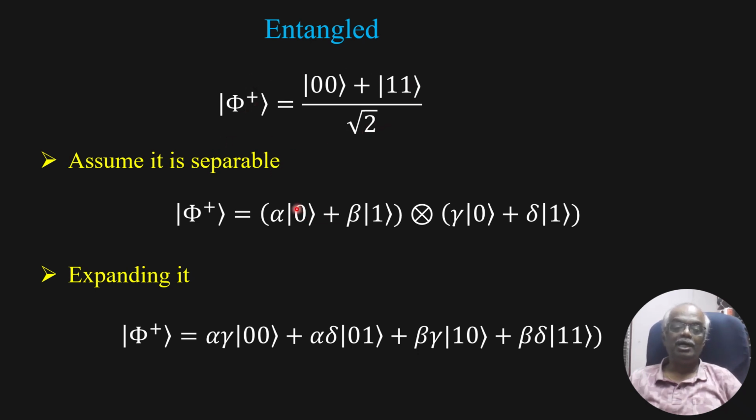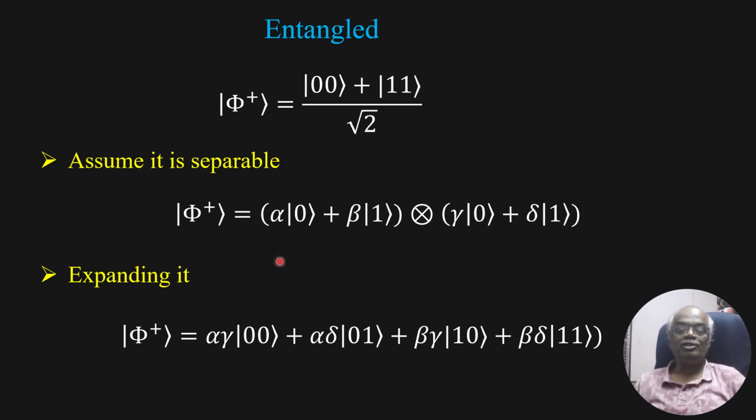That is, alpha times |0⟩ plus beta times |1⟩. These are the probability amplitudes, complex numbers. You make a tensor product with gamma |0⟩ plus delta |1⟩. So it is a tensor product of two independent states.